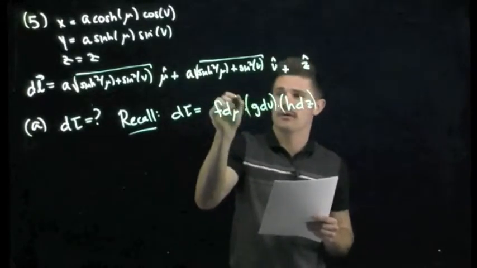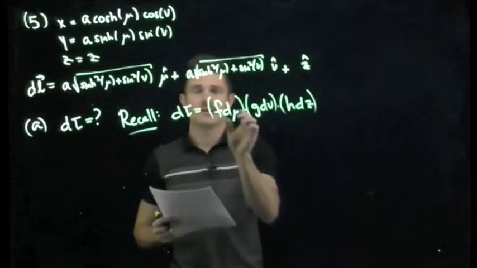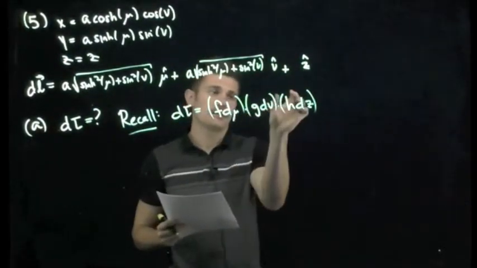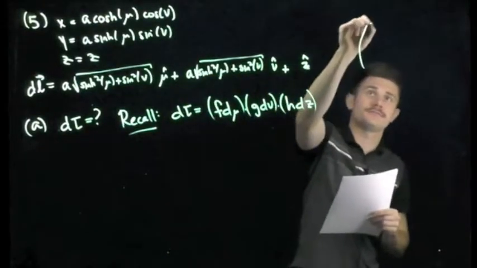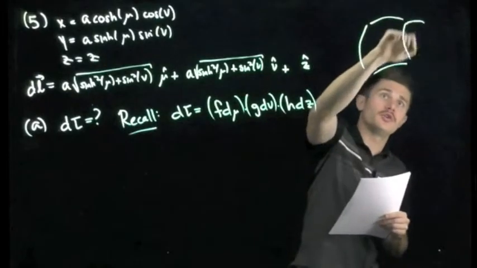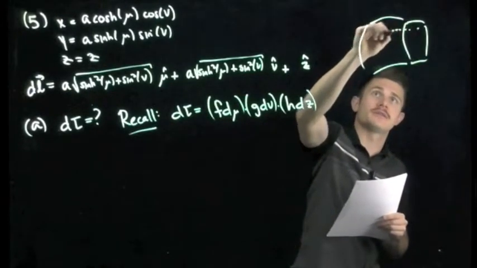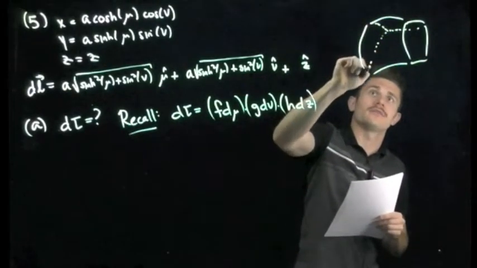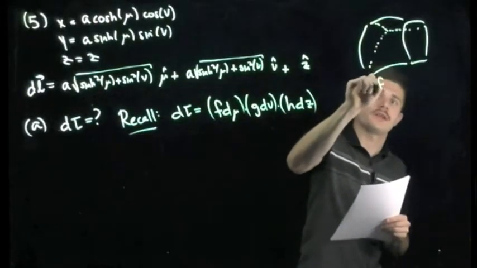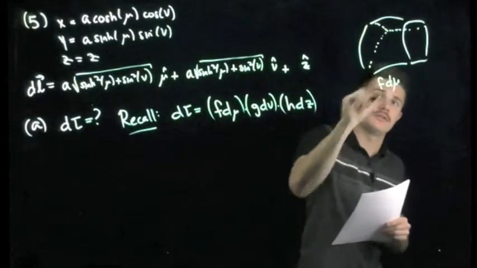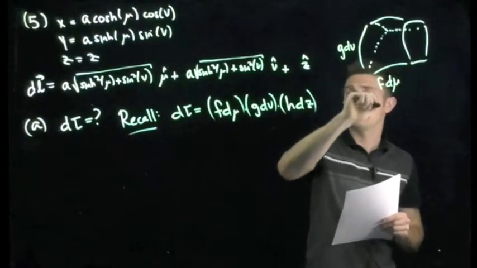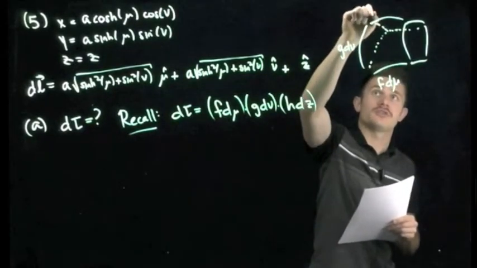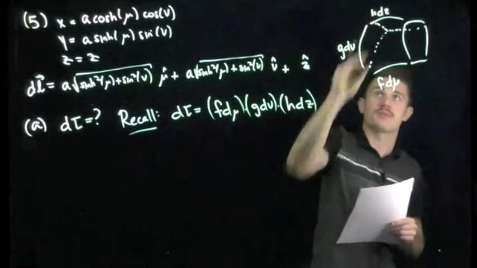But essentially what we are finding for d tau is the three individual elements of our space. So if we are looking at some cube in our coordinate system space, you can draw that in here. We're going to have essentially one side which is going to change as f d mu, and the other side which is going to change as g d nu, and the third side will change as h dz, if we're thinking that's going backwards in space.